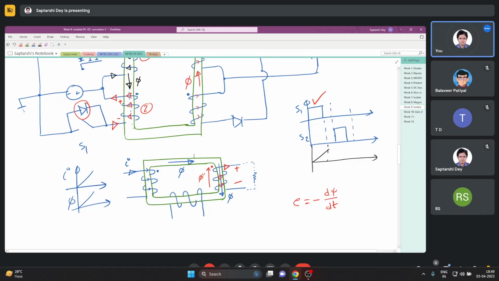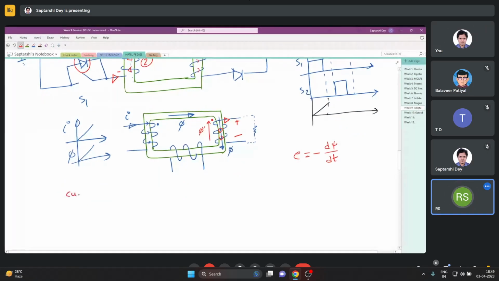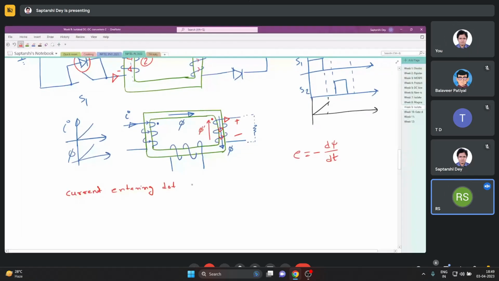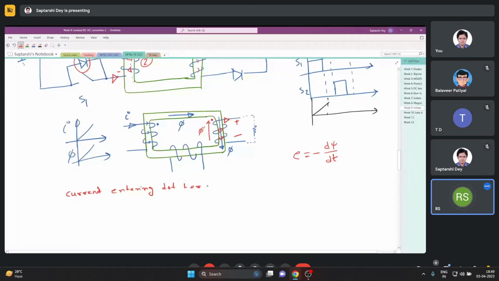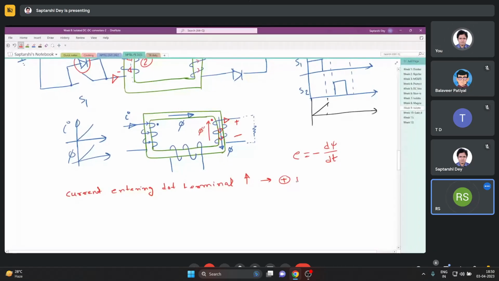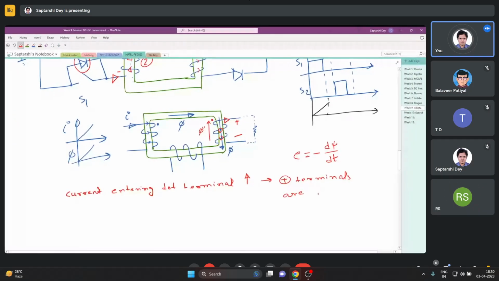Should I write? So if the current entering the dot terminal is increasing, then all the other positive terminals are dot terminals.